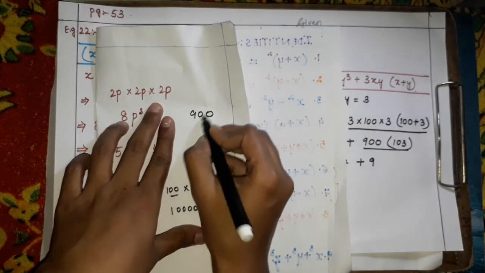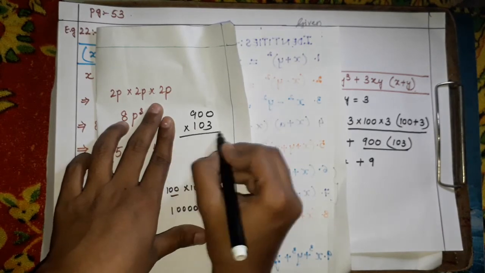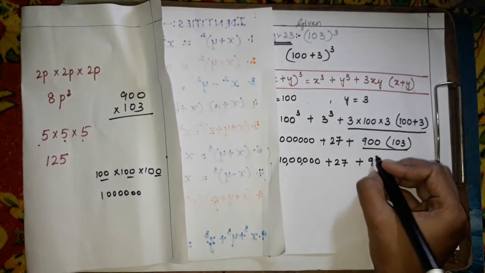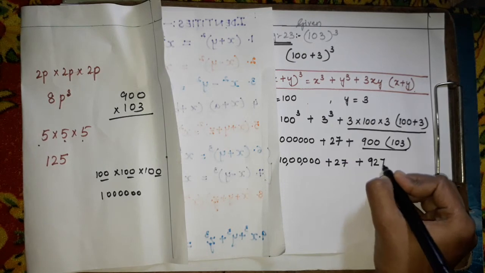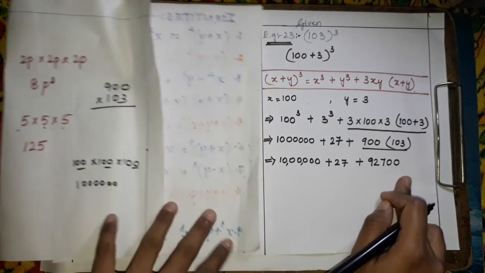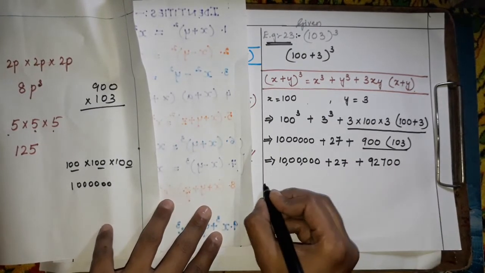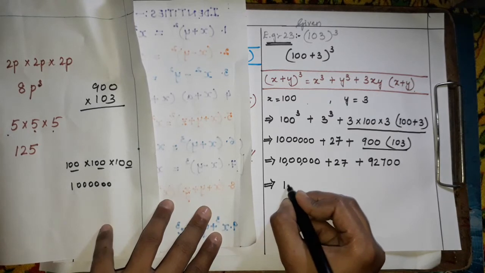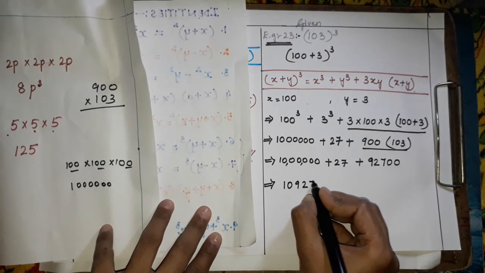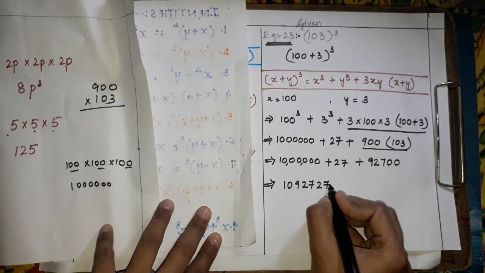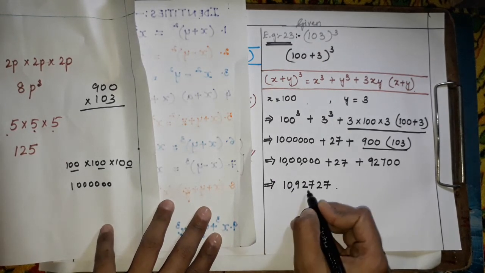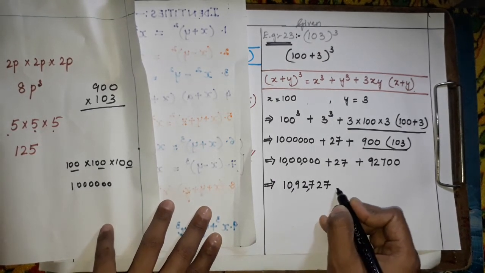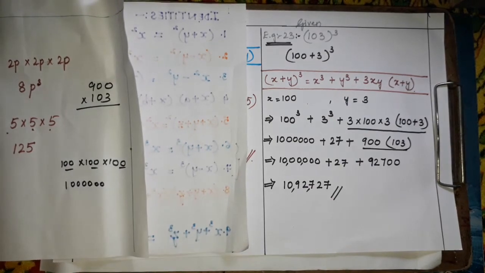When you multiply 900 into 103, you will get 92,700. Now you have to add all this. You will be getting 1092727, that is 10,92,727. That's it.